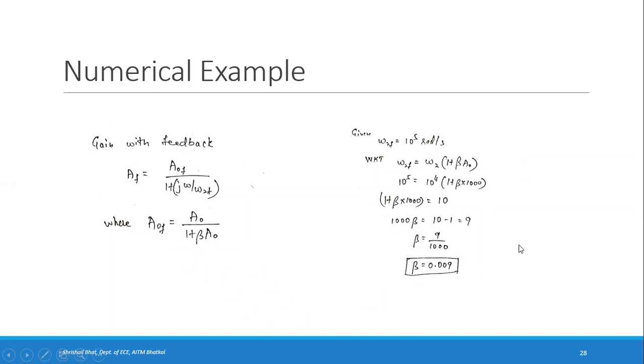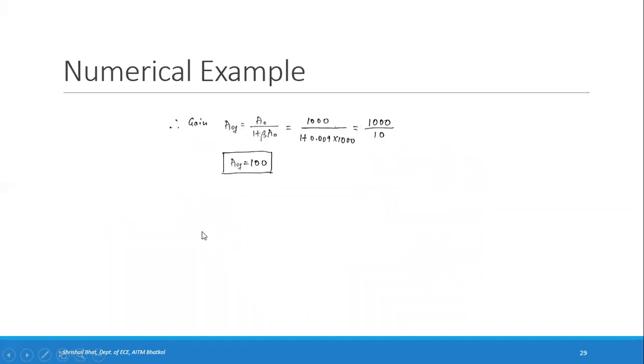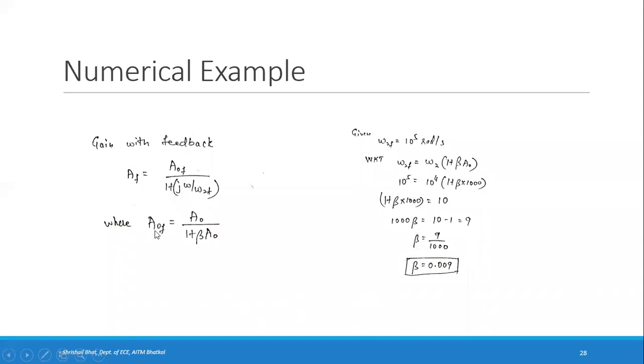So if the feedback factor is 0.009, substitute this in this particular equation, the gain with feedback. Gain with feedback is A naught F, that is A naught by 1 plus beta A naught. A naught you already know, you have found the beta.